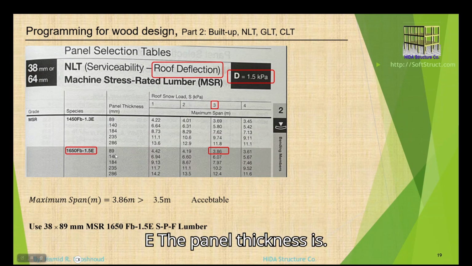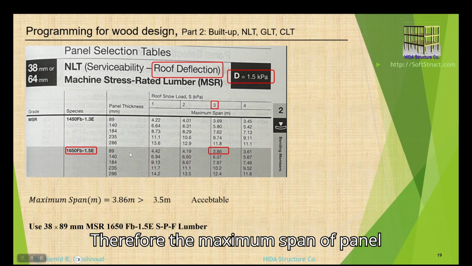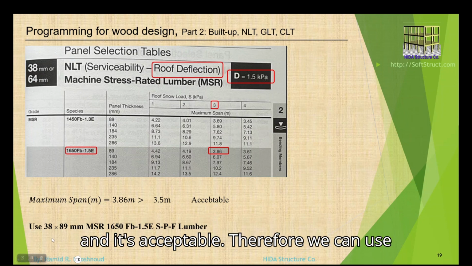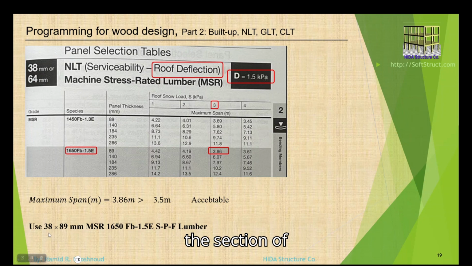The panel thickness is 89 millimeters. Therefore, the maximum span of panel is 3.86 meter, which is greater than 3.5 meter, and it's acceptable. Therefore, we can use the section of 38 by 89 millimeter MSR 1650 FB 1.5E SPF lumber.